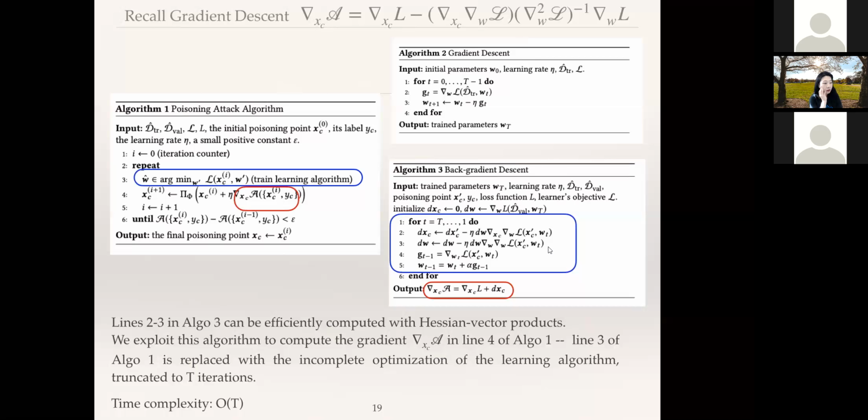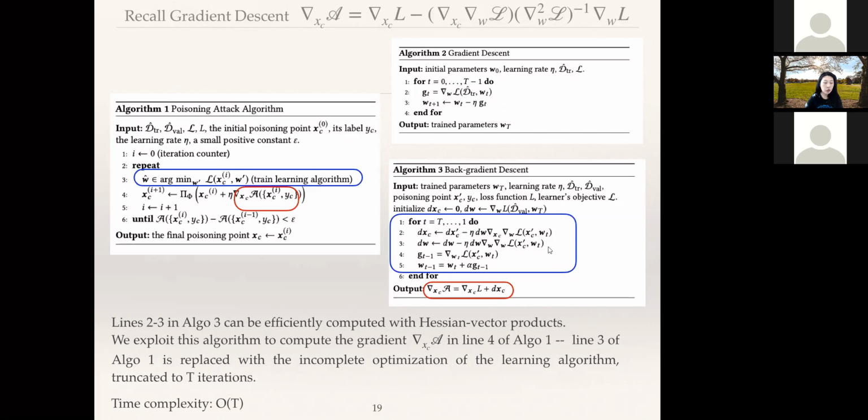I'm not sure I follow, is that a question? Yeah, I just want to make sure that in algorithm 3, line 2 comes first because it's a back gradient scheme.